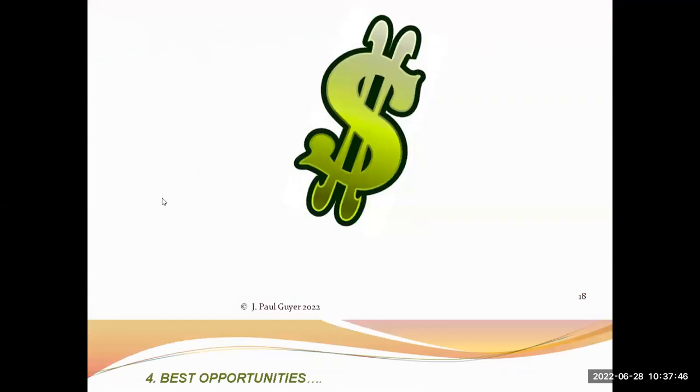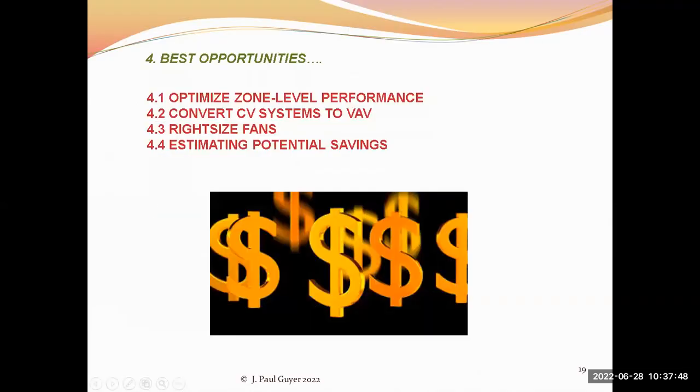The best opportunities then fall into 3 categories actually. Optimizing the zone level performance, and we'll talk about that in more detail. Converting a constant volume system to a variable air volume system.